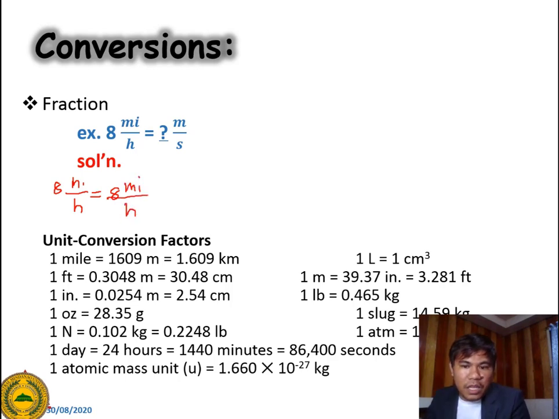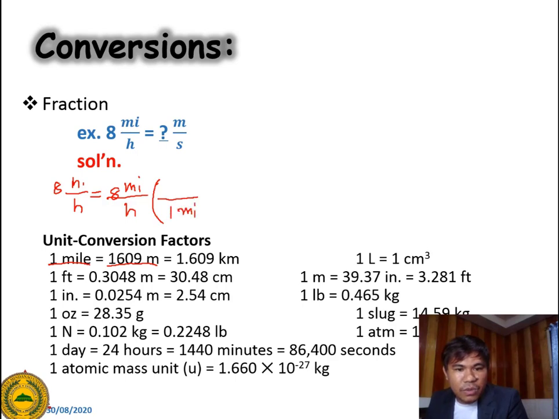Now we convert first the numerator, that is actually converting miles into meters. By doing that, so we know already that a mile is directly related to meter in our conversion factor. In this case, I have 1 mile.